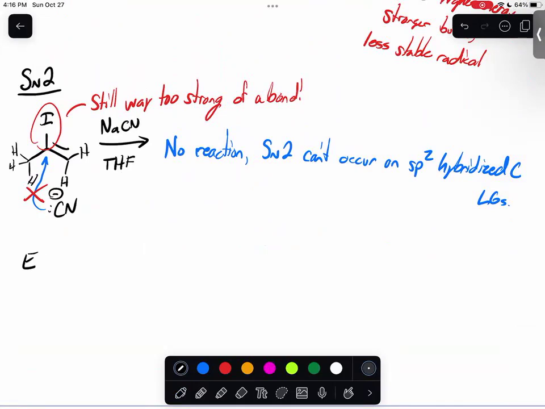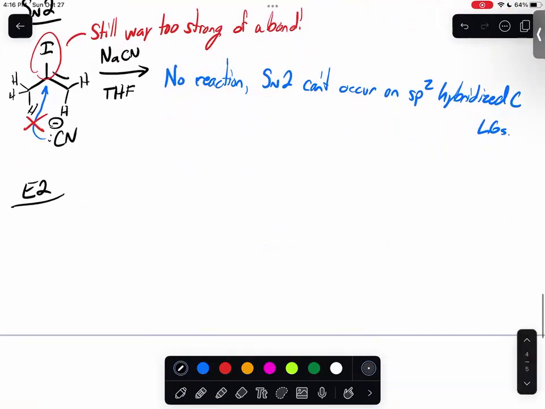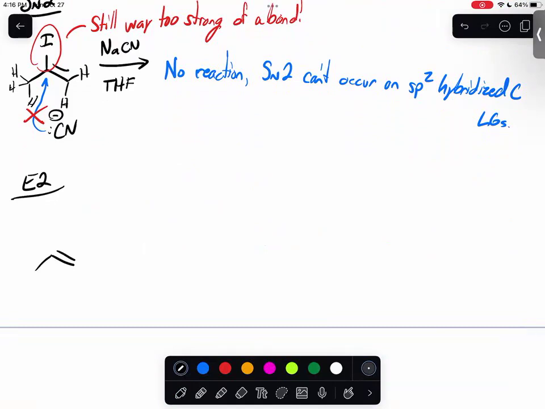Well, E2 is different, right? Because E2 kind of breaks a couple of rules due to how strong bases are, right? If we were to use the same conditions that we used for the second example for E2, so being NaNH2, THF, right, under some heat, what we'd find is that this will actually do E2.